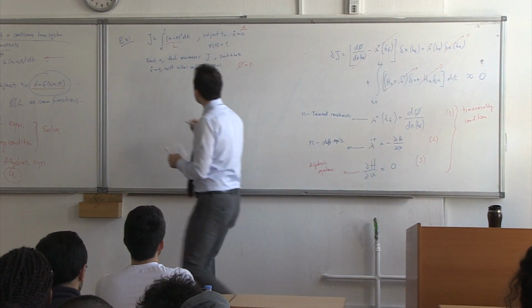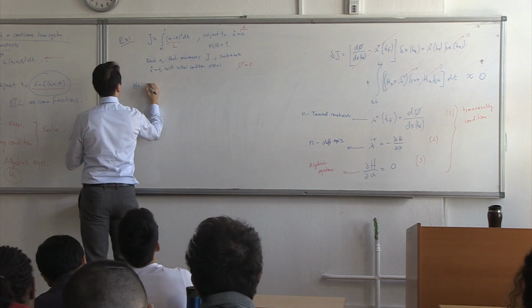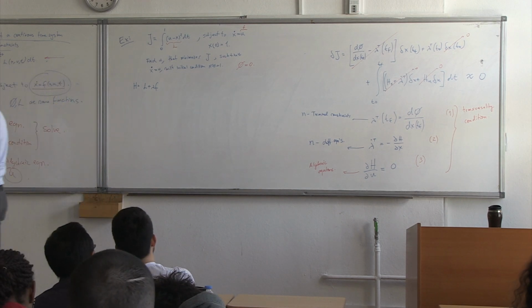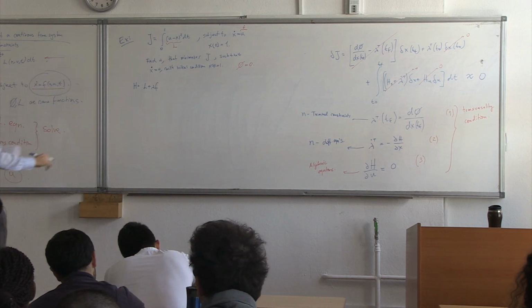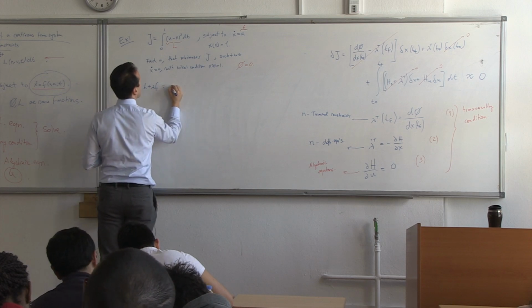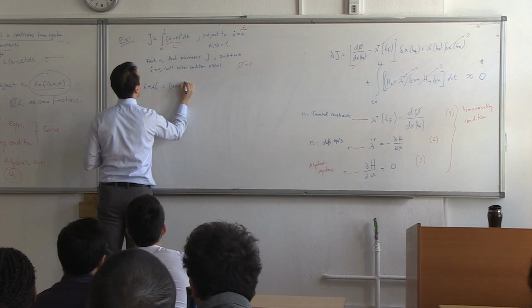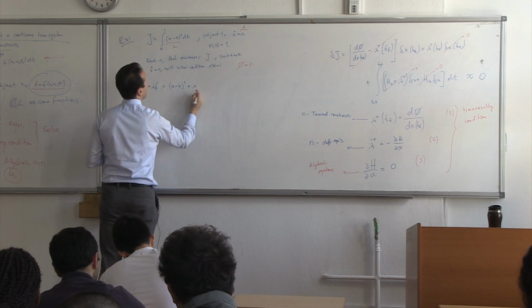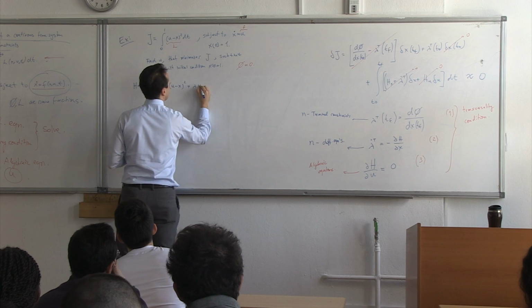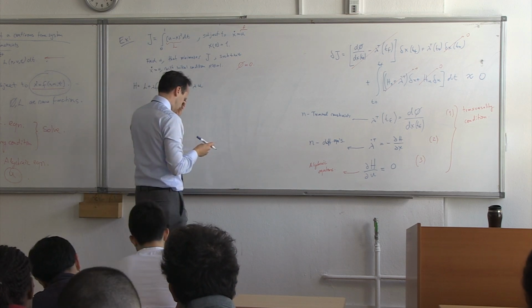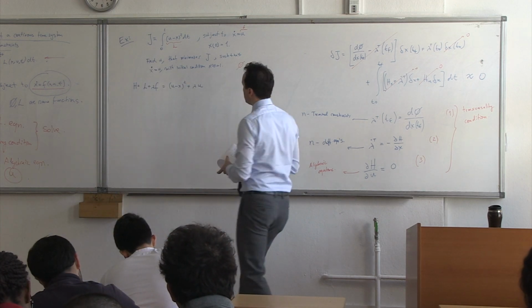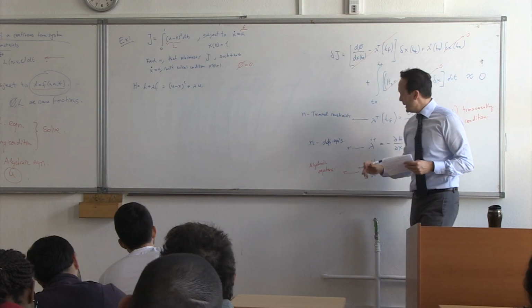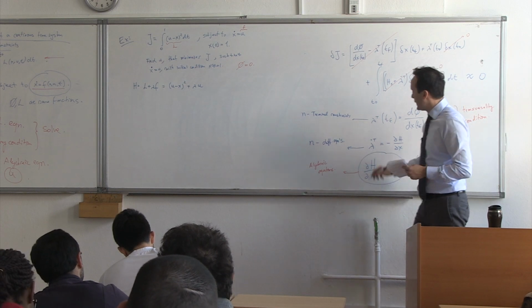And H, the Hamiltonian, was equal to L plus lambda F. That's the Hamiltonian. So L is here, (u minus x) squared, plus lambda F, which is lambda u. Okay, that's H, the Hamiltonian. So I can immediately write the first thing, del H, del u.